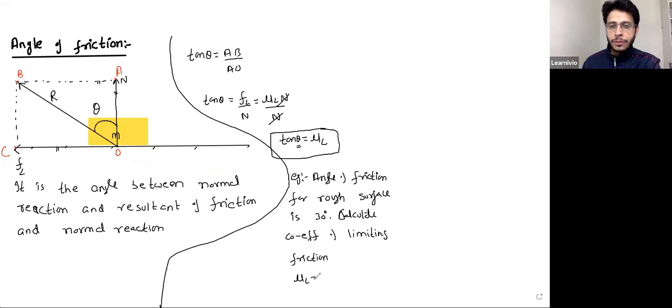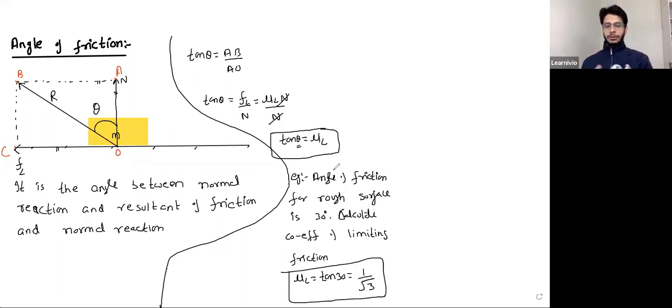So the coefficient of limiting friction is the tangent of the angle of friction. So this is mu L, which is tan 30, which is 1/√3.